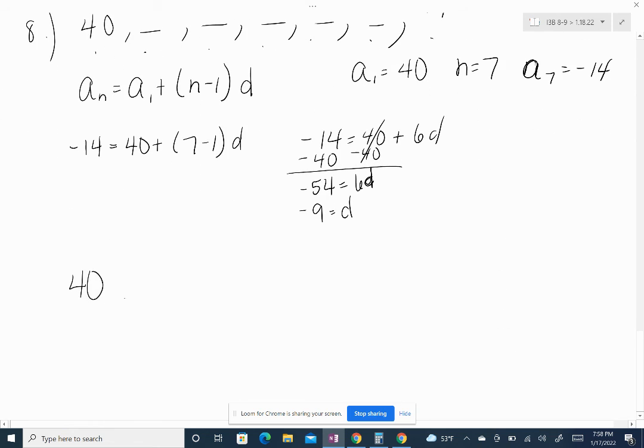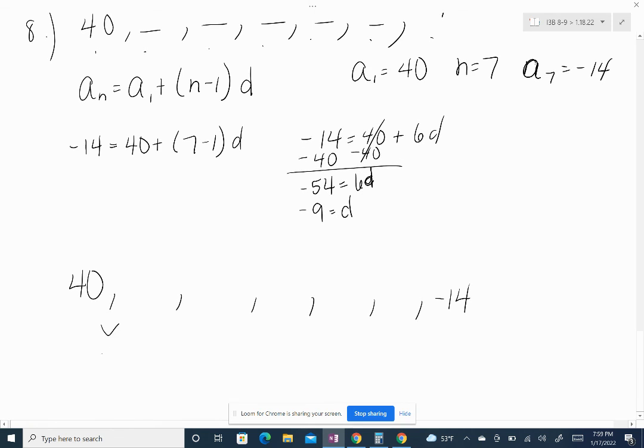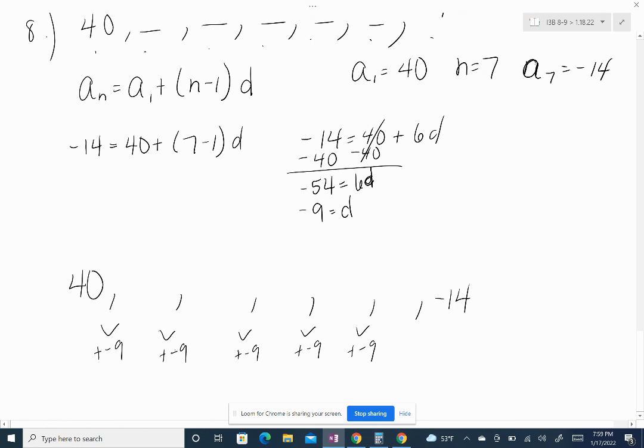So we have 40, and then 5 blanks, and then our last term is negative 14. What we want to do is add the negative 9 every time. So 40 plus negative 9 is going to give me 31.